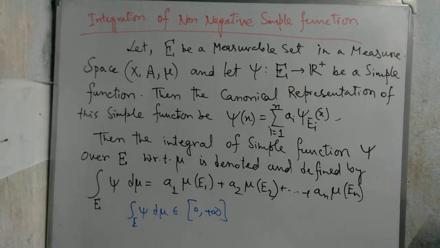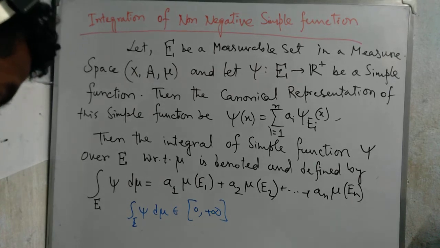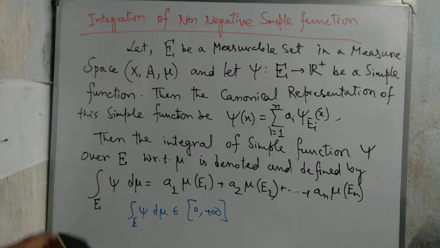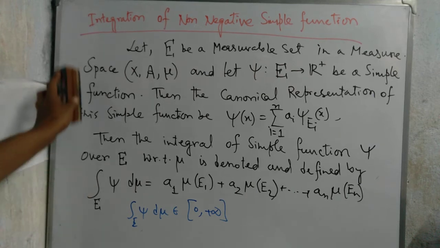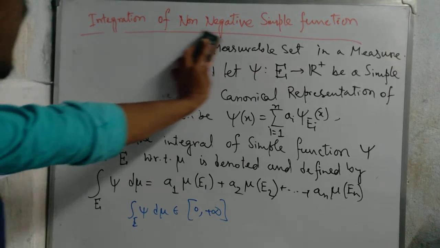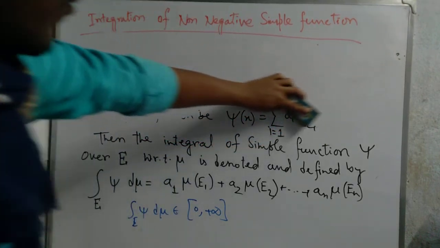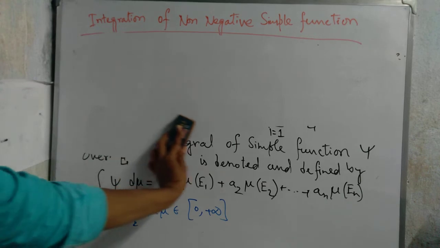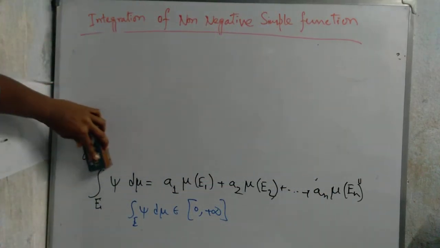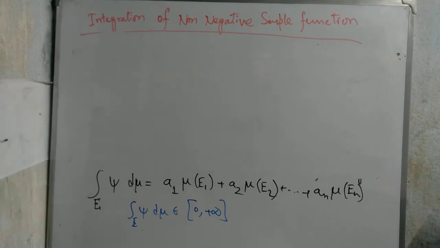Now let's talk about integration of non-negative simple functions over A. That means we erase not the total portion, just some portions here. This one remains the same.